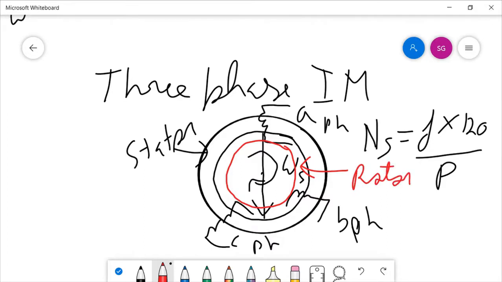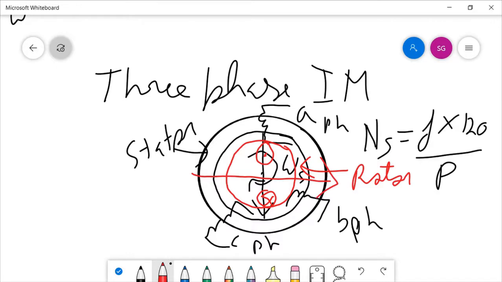On the rotor, let us say there are conductors. This is one conductor, this is another conductor. And if we apply the right hand rule, then a current will be induced in the upper conductor, which will be out of the page, and in the bottom conductor it will be into the page. So when we apply the right hand grip rule, we will get a magnetic field that will be oriented in this direction.